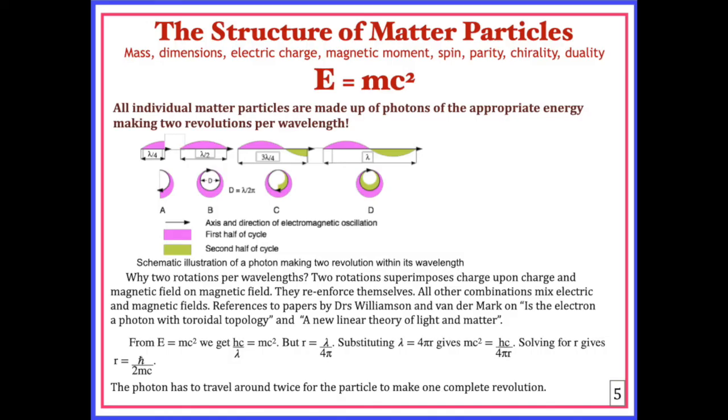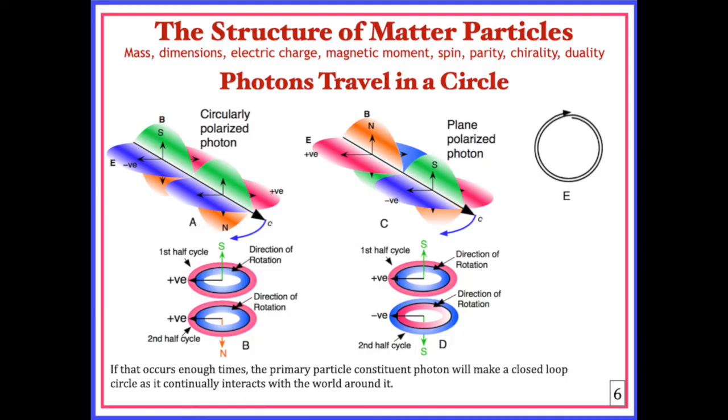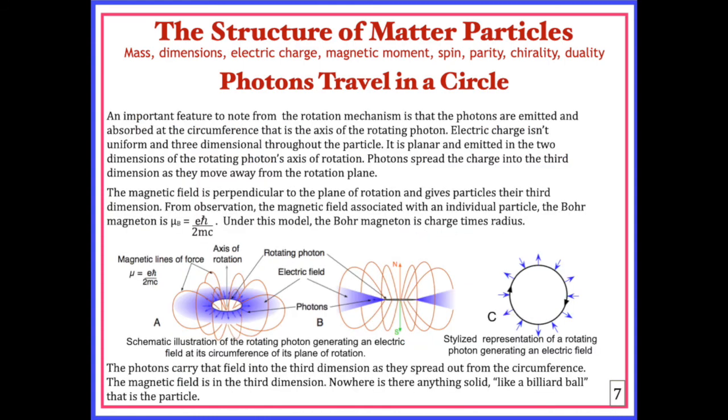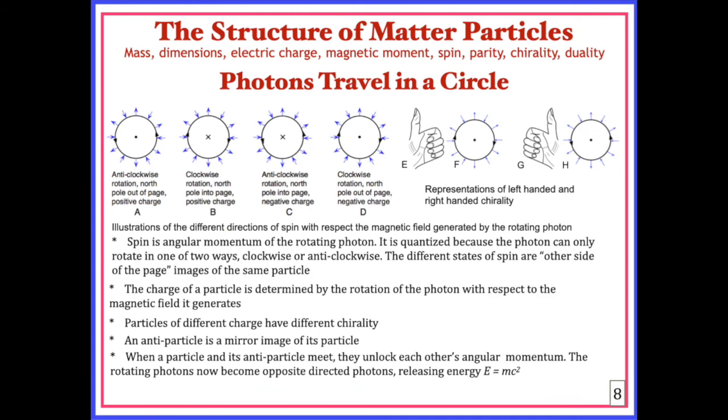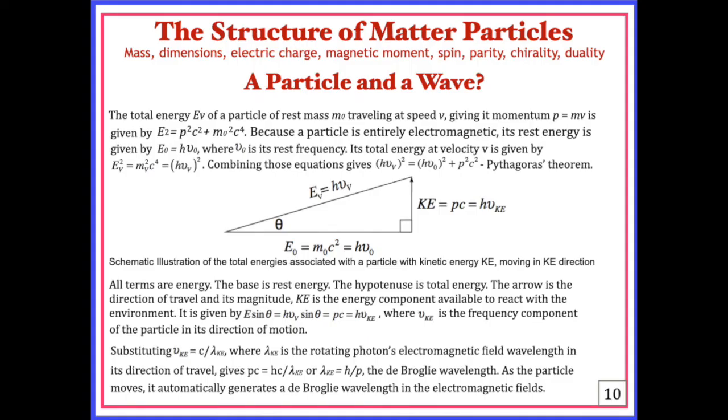What was just presented was a brief introduction to the general properties of particles made from photons of the appropriate energy making two revolutions per wavelength. Along the way, it covered properties like spin, charge, magnetic moment, mass, dimensions, chirality, parity, and duality through the de Broglie wavelength. It also covered Einstein's special relativity corrections, including E equals mc squared.